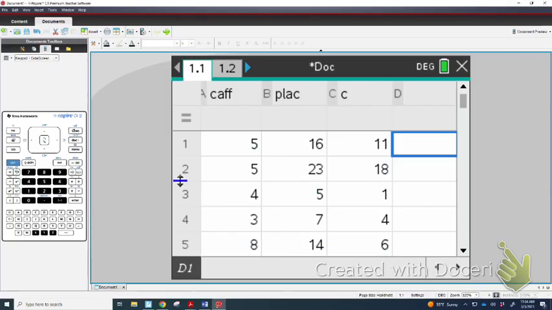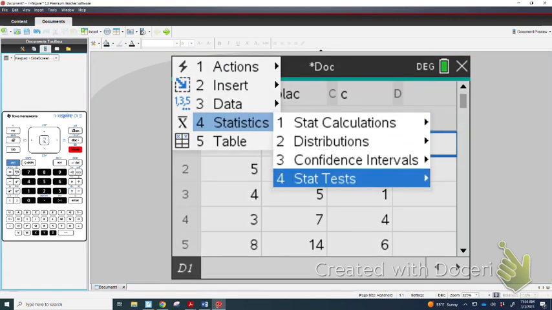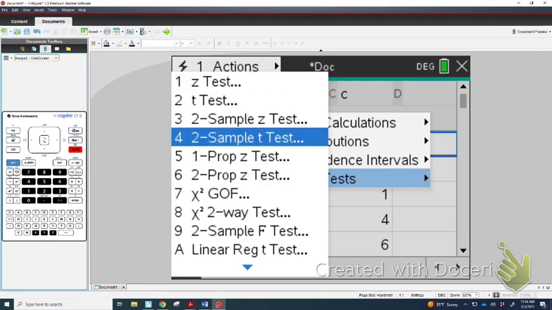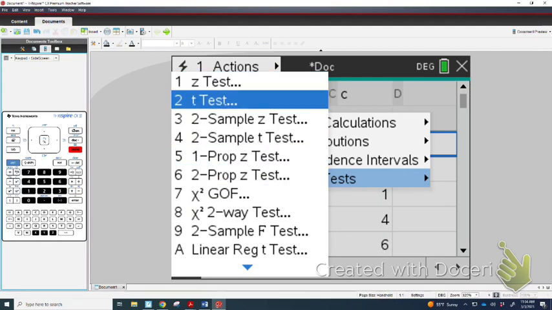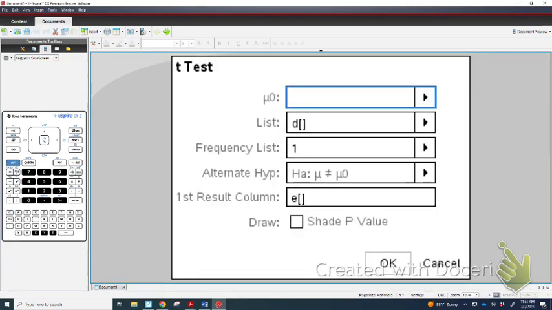Let's run the test. We are doing a t-test. The calculator doesn't know the difference between paired and t-test, so they just have it typed as t-test. So t-test. I have data. It's all in list C. I'm assuming zero difference.